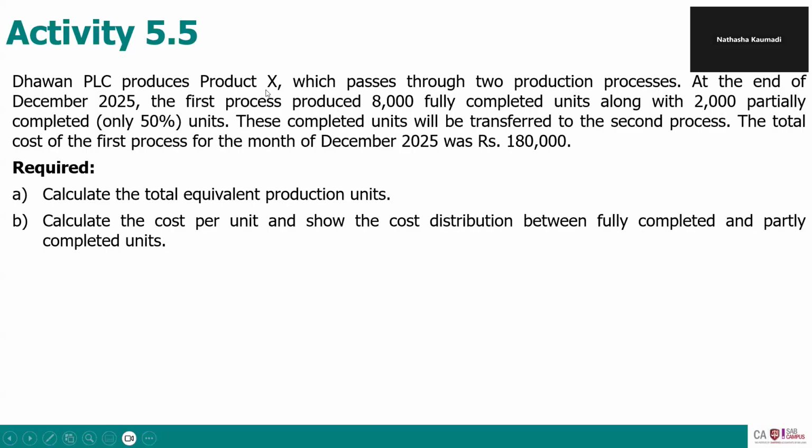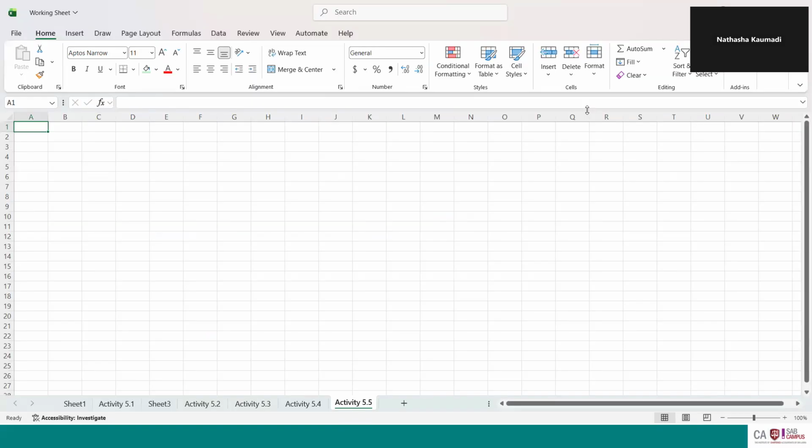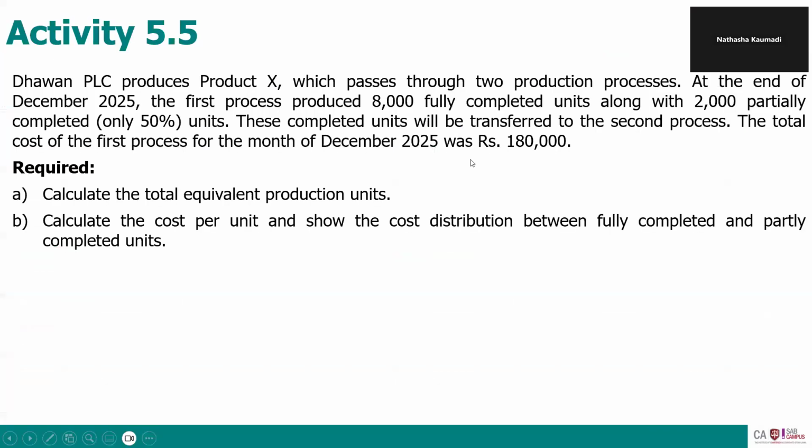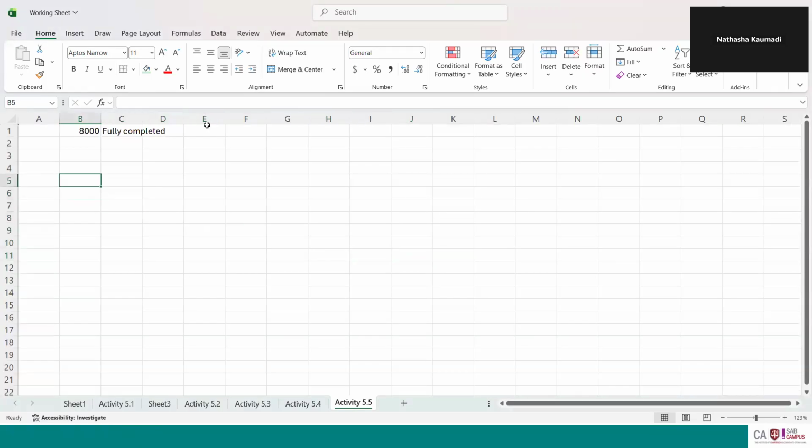Dawan PSC produces product X, which passes through two production processes. At the end of December 2025, the first process produced 8,000 fully completed units, along with 2,000 partially completed units, only 50% completed.